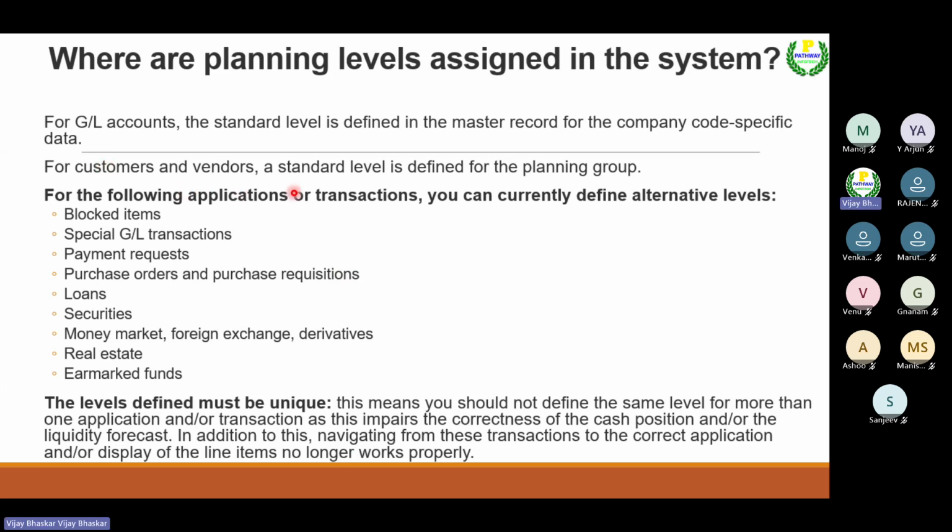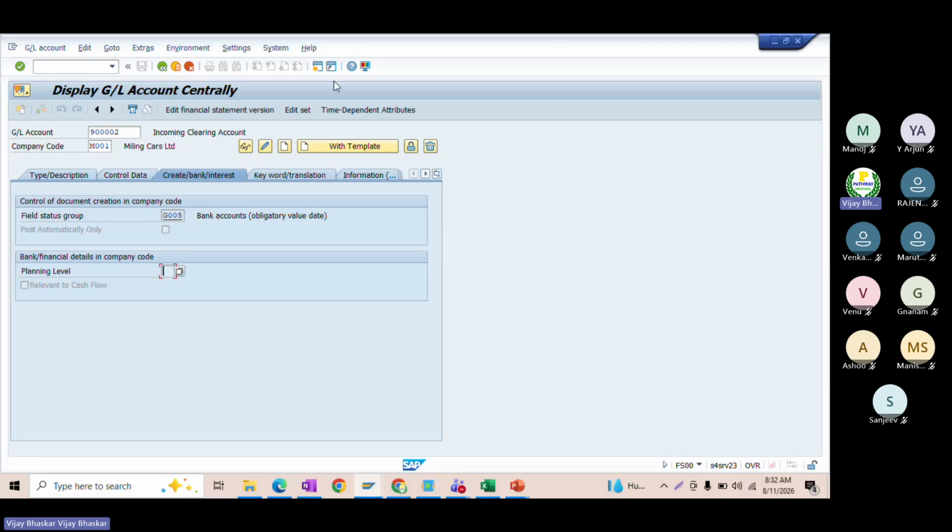For customers and vendors, the standard levels are defined for the planning groups. So for customers and vendors, the planning group can be defined. For GL accounts, the planning levels can be defined. Remember the planning group, right? I can also show you in the master data where this can be assigned.